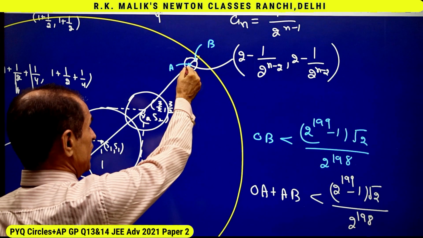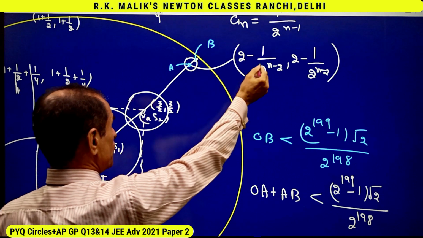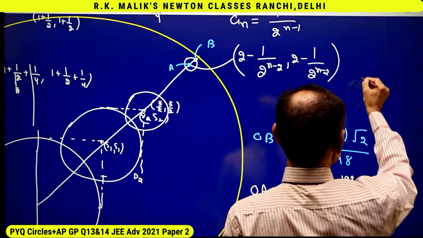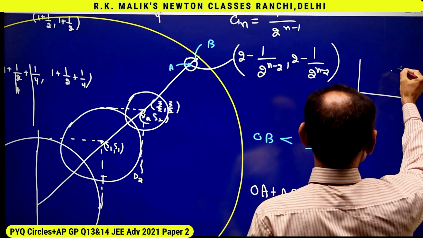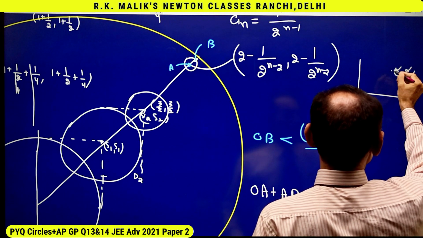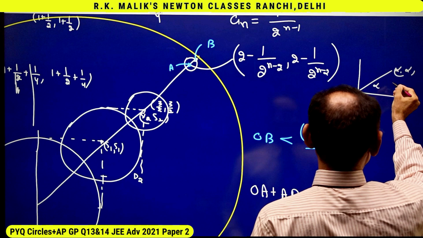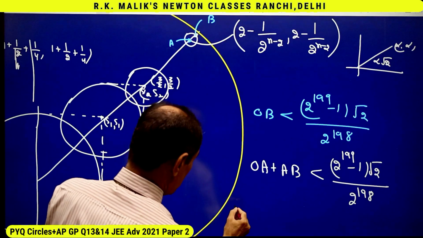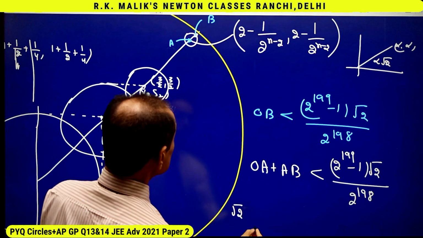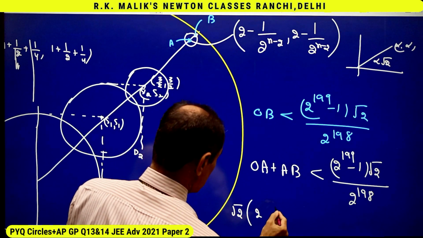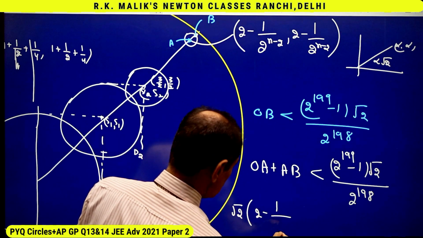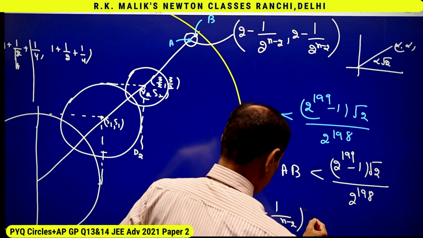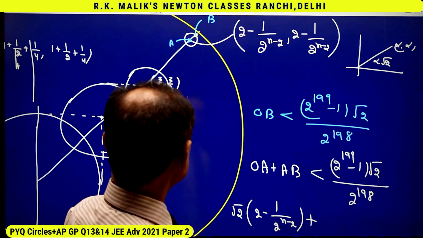And because the x coordinate y coordinate of the point A are these, and we know that if some point has x coordinate y coordinate alpha alpha, then this distance is alpha root 2. Therefore, OA will become root 2 into 2 minus 1 by 2 to the power n minus 2 plus AB.